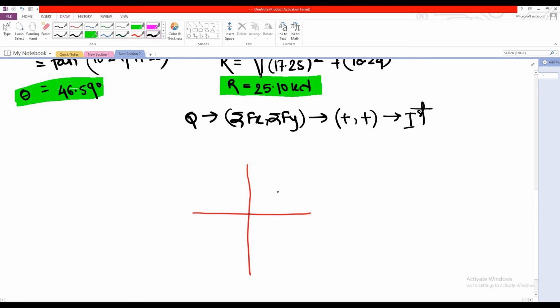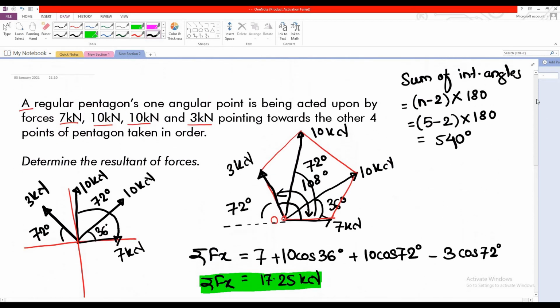In the first quadrant, our resultant is going to be like this, value of R being 25.10 kilonewton, angle 46.59 degrees. So this is how a theoretical problem was first converted into a diagram. That diagram was then transformed into the conventional xy axis system.